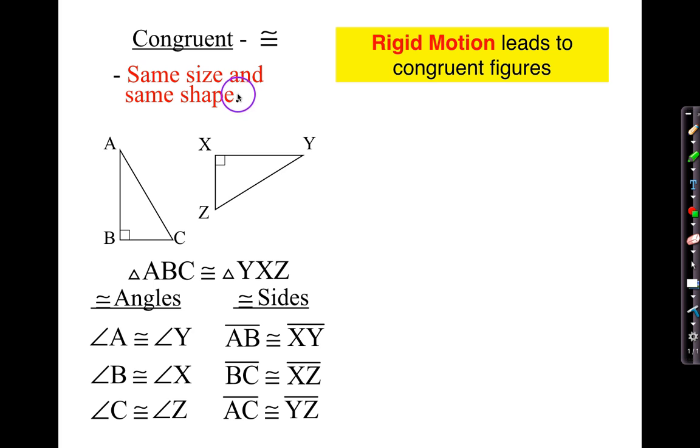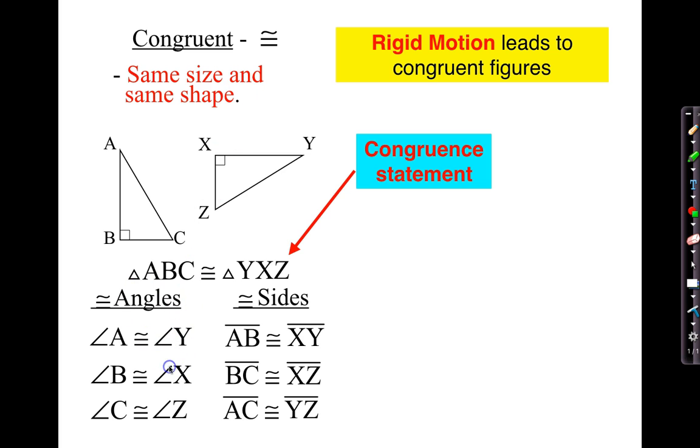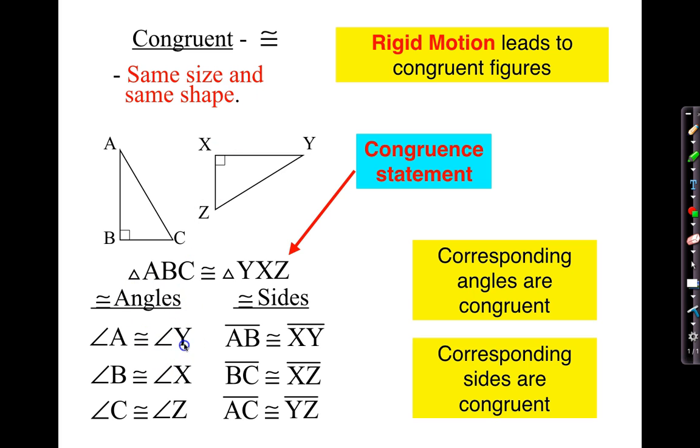When we have a congruent shape, we're going to see that all corresponding angles are congruent and all corresponding sides are congruent. And this here is considered our congruent statement. This tells us a lot, because it can tell us which angles are congruent and which side lengths are congruent.